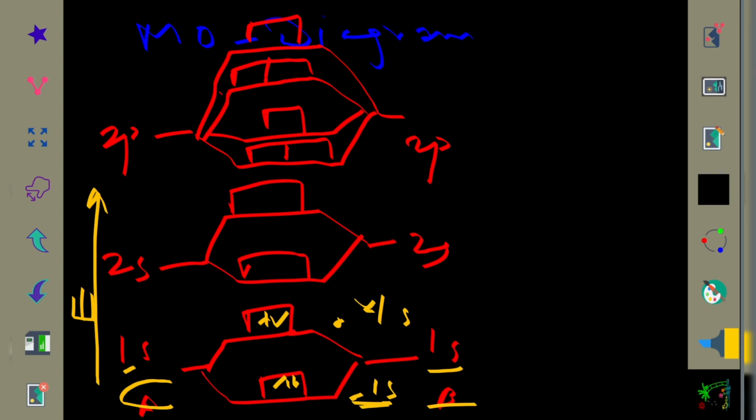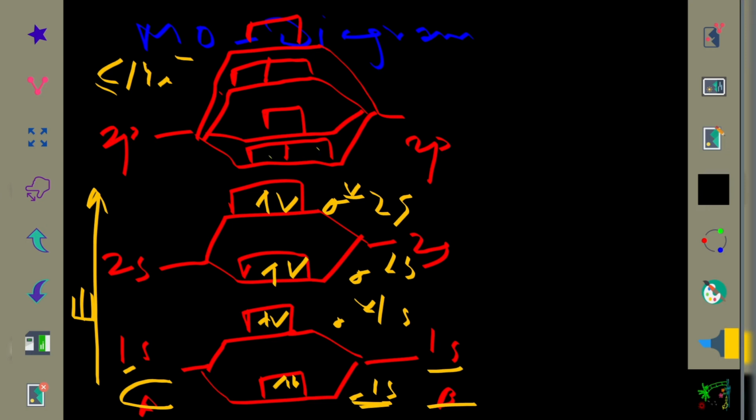Then again for the 2s orbital it will be sigma 2s and again sigma star 2s. Okay, so 2 electrons you will fill like this. Now 2p for 14 electrons or less than 14 electrons, pi 2px and pi 2py will be of the same energy, and sigma 2pz will have more energy.